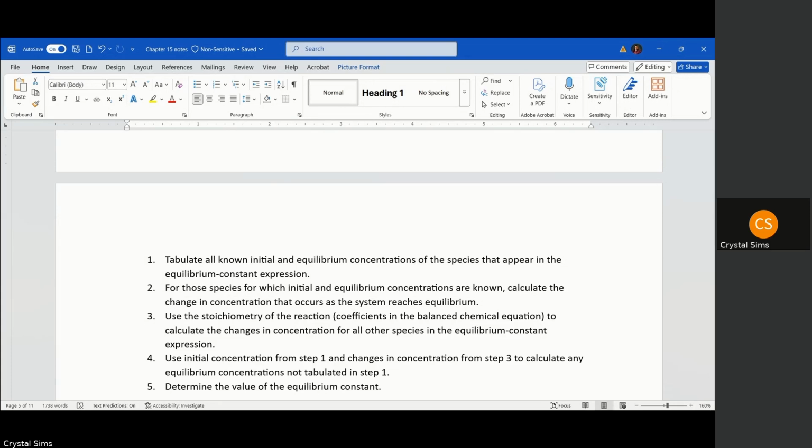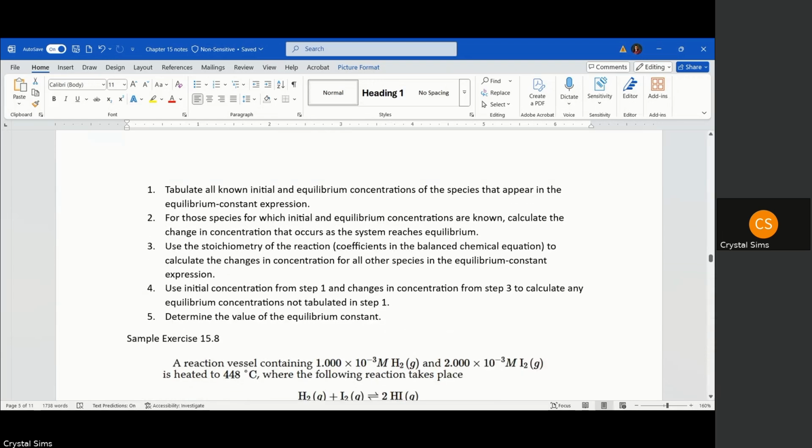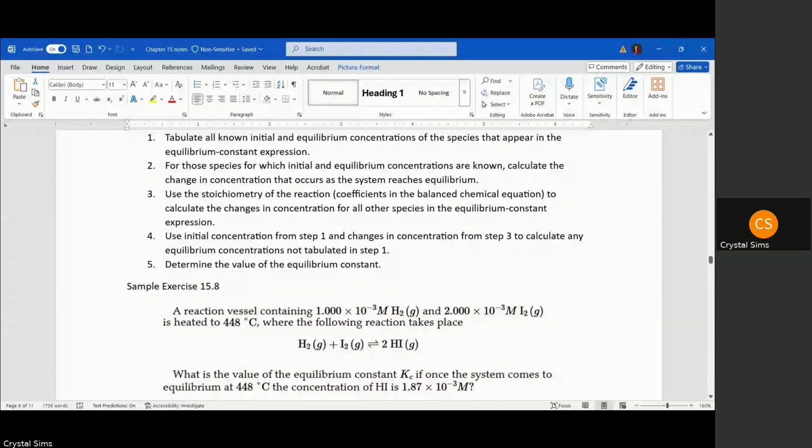So this is sample exercise 15.8 on page 645 in your textbook. And they tell us we have a reaction vessel that contains 1.000 times 10 to the negative 3 molar hydrogen gas and 2.000 times 10 to the negative 3 molar iodine gas.